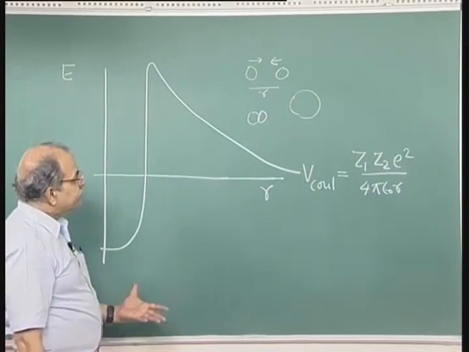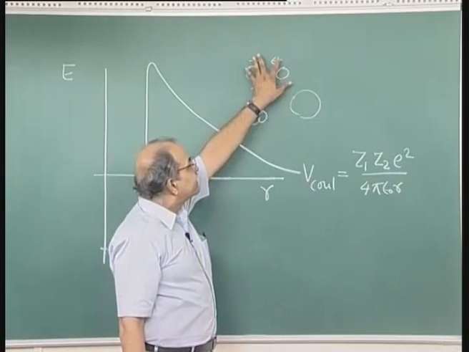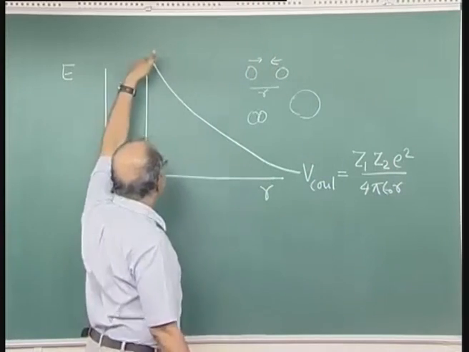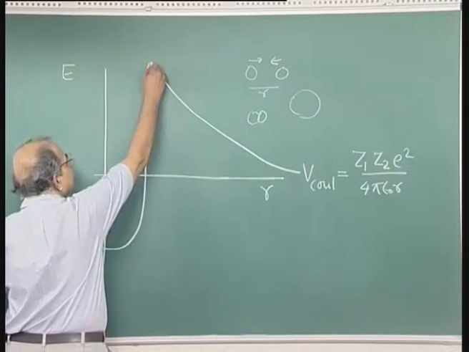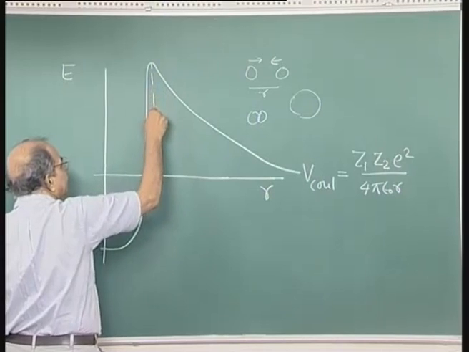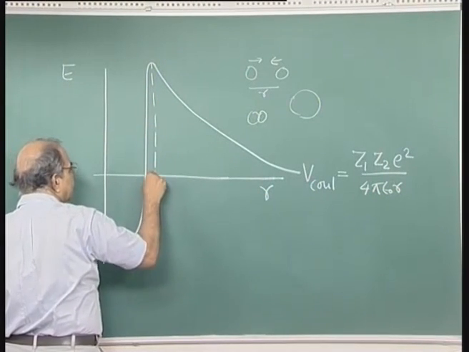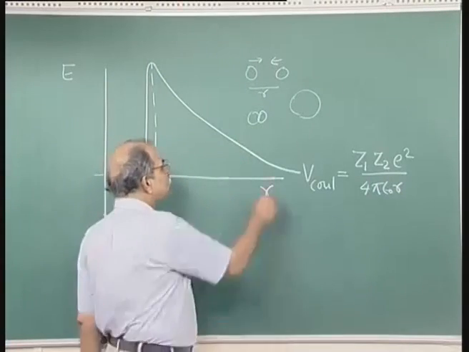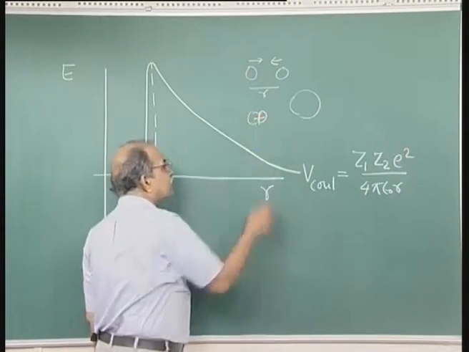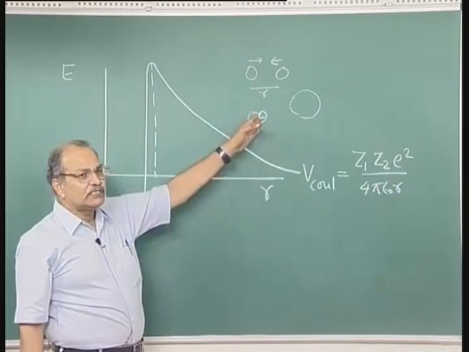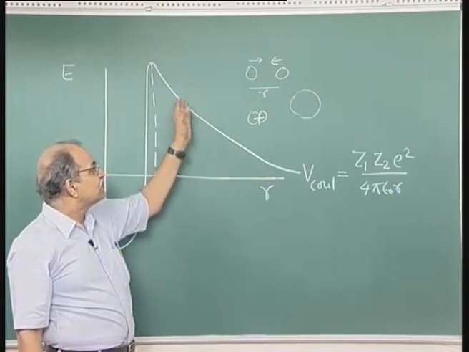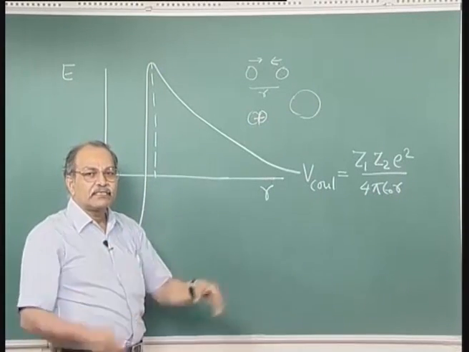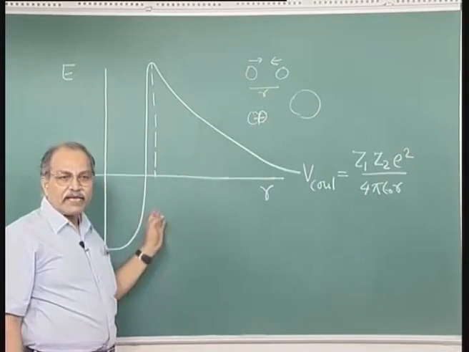Now, what is the initial energy available? That is important. First this height: how much is this height? If I just take the simplistic model as we had done earlier, when these two just touch each other, till that time we say that only the Coulomb force is effective, and once they have touched and are going into each other, we say that the nuclear force has taken over.